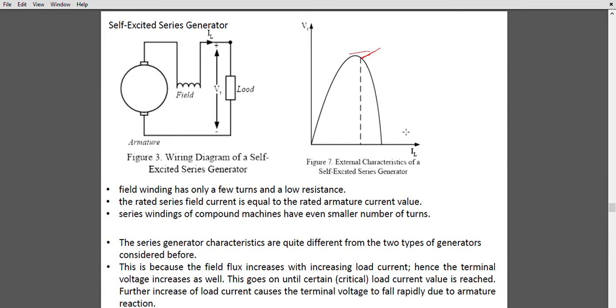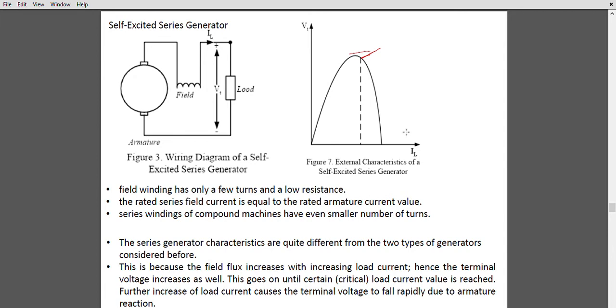Now the series generator characteristics are quite different from those of the two types of generators that we have seen earlier. This is because the field flux increases with increasing load current. Hence, the terminal voltage increases as well, as we have already seen.